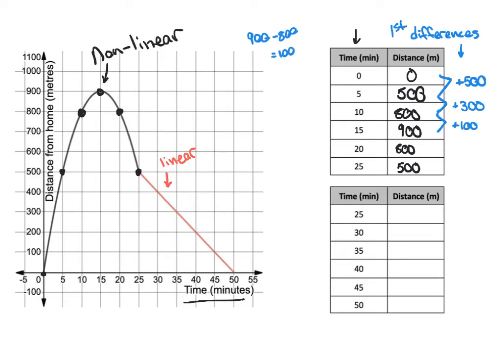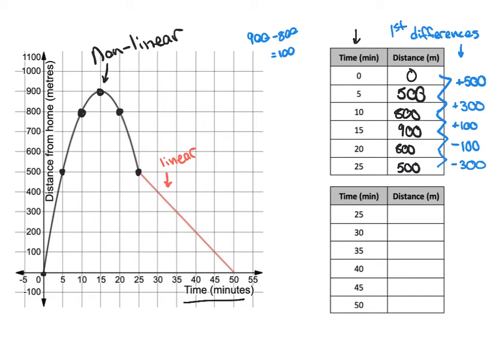For the next part, it looks like we're starting to go down. So from 900 to 800, we're actually going down by 100. And then from 800 to 500, we're going down again, this time by 300. I want to do that exact same thing for the linear part of this graph as well.